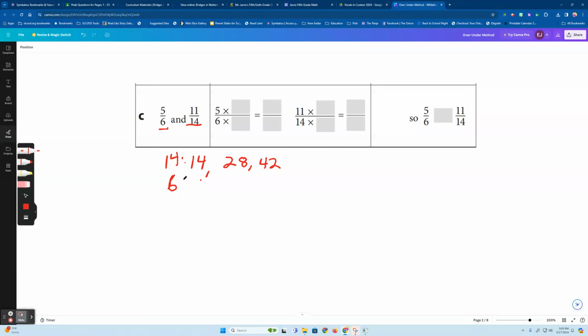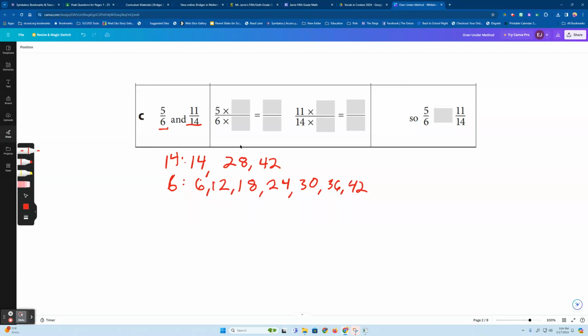So we have 6 times 1 is 6. 6 times 2, let's see, is 12. 6 times 3 is 18. And we just keep on going. 24. 30. 36. And finally, 42. 6 times 7 is 42.